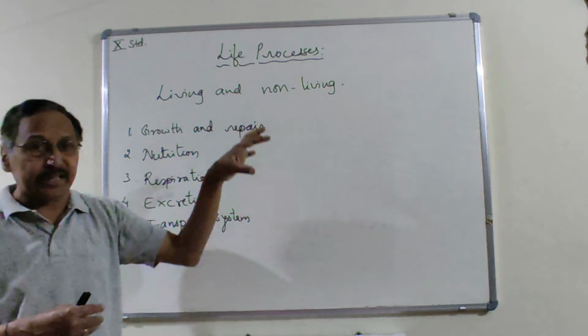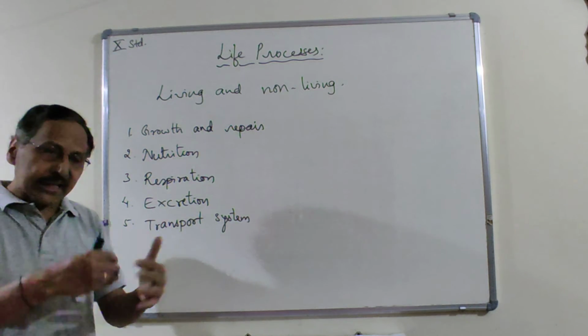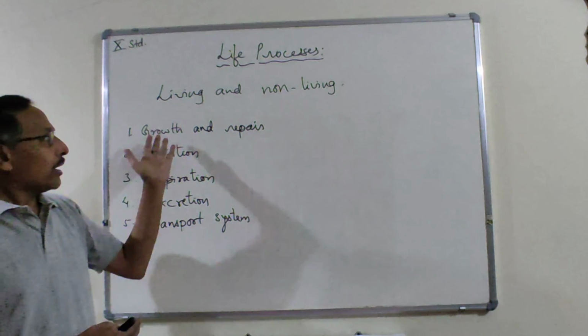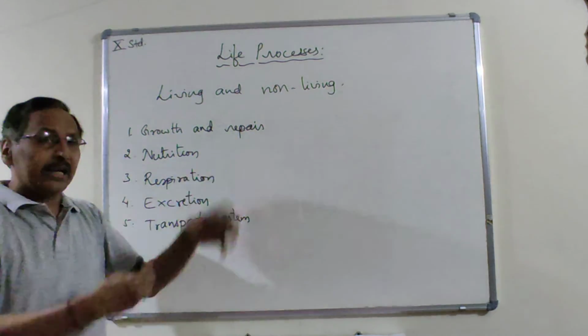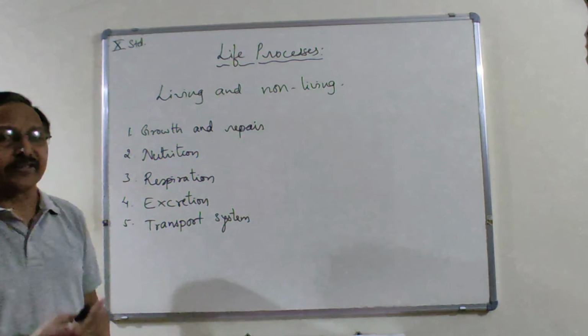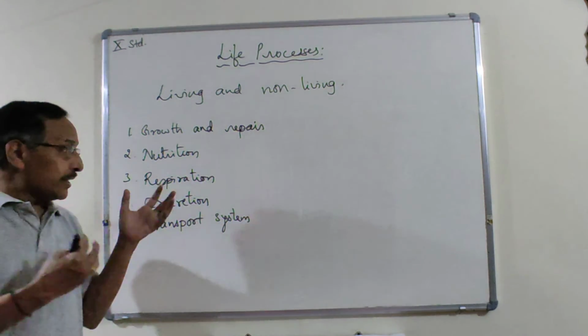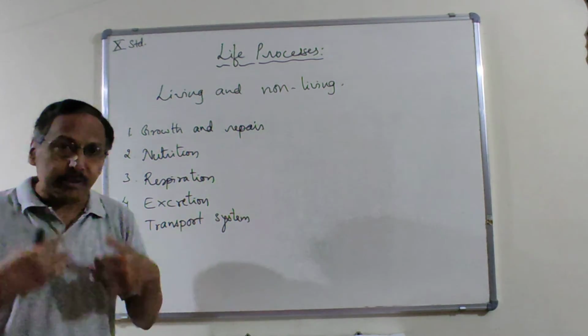All those activities which are necessary for the maintenance of life. Maintenance means what? Growth and repairing of all the cells will be there. Energy is required for the activities. To get energy, we need to take food. We need to throw away the waste from the body.